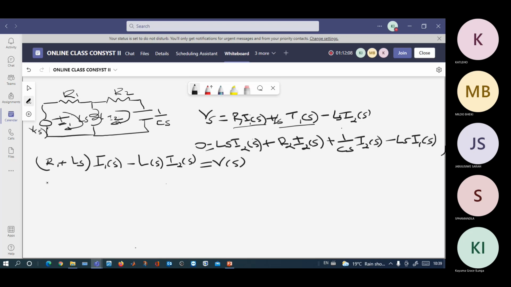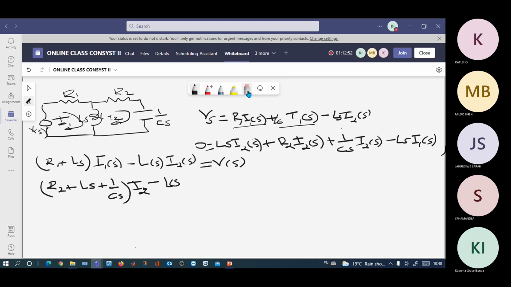So the second one we're gonna have is going to be R2 plus LS plus 1 over CS, I2 minus L. No, this is not like that.